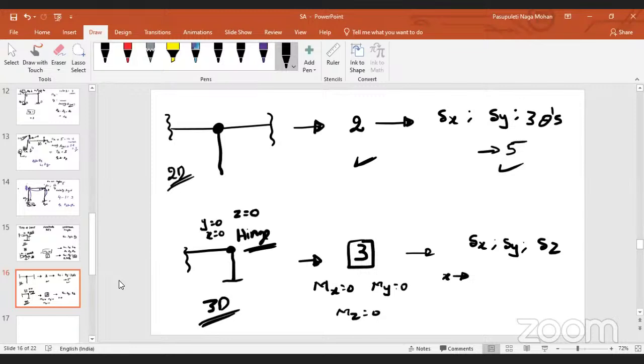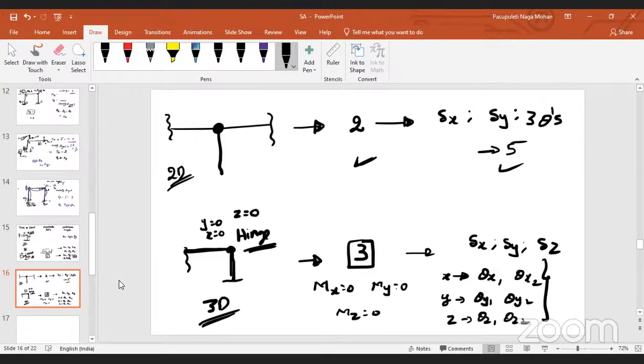I am talking about theta x. For this member, theta x will be different. For this member, theta x will be different. So, theta x for member 1, theta x for member 2. Similarly along y direction, theta y1, theta y2. Similarly along z direction, theta z1, theta z2.